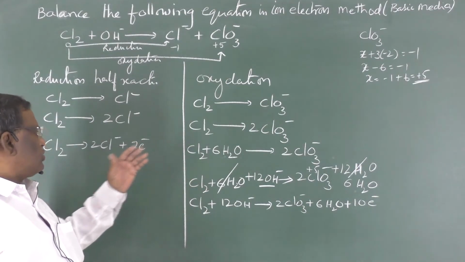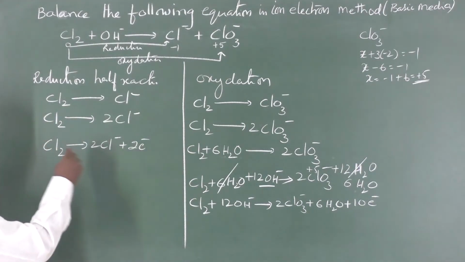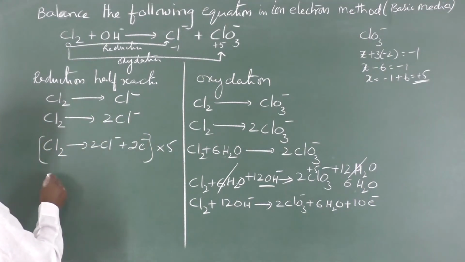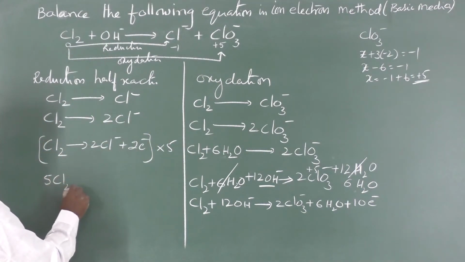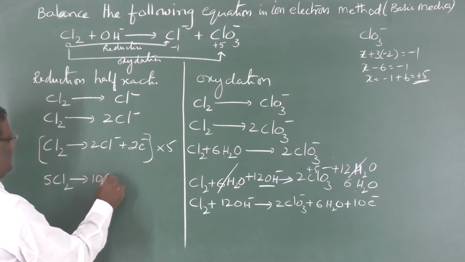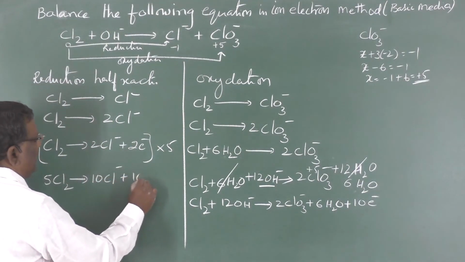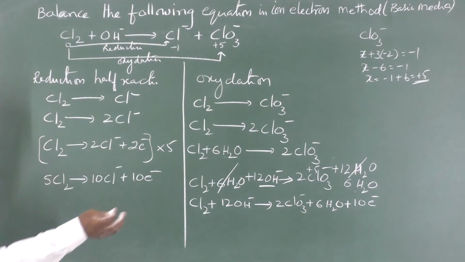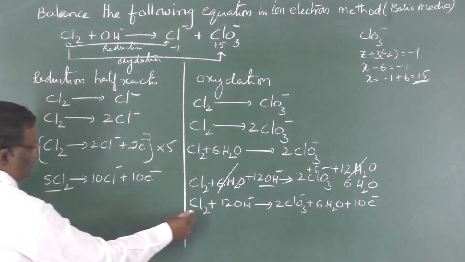Now electrons should balance. Here only 2 electrons are there, so this whole thing should be multiplied by 5. So it should be 5 Cl2 gives 10 Cl minus plus 10 electrons. Now we have to add 2 equations, 5 Cl2 plus Cl2.